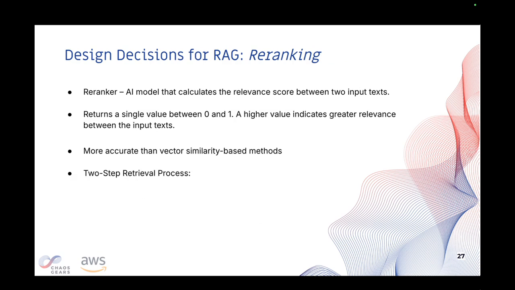And if you use a Ranker in your pipeline, you will have basically a two-step retrieval process. The first step is to find potential candidates using search, hybrid or vector search that we already know. And then based on those initial candidates, you run the Ranker on top of them, creating query-document pairs as an input to the ranker.